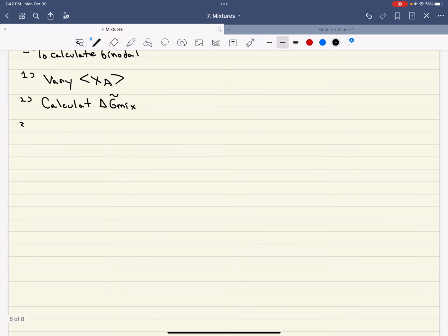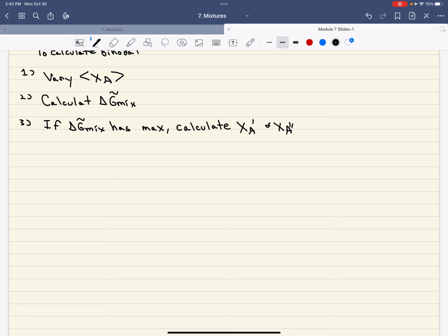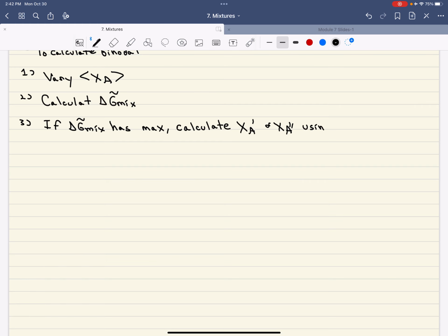And then if delta G mix has a maximum, so if there is something that's concave down, that tells you phase separation can occur. And so what you've got to do at that point is calculate your XA prime and XA double prime using the common tangent rule.